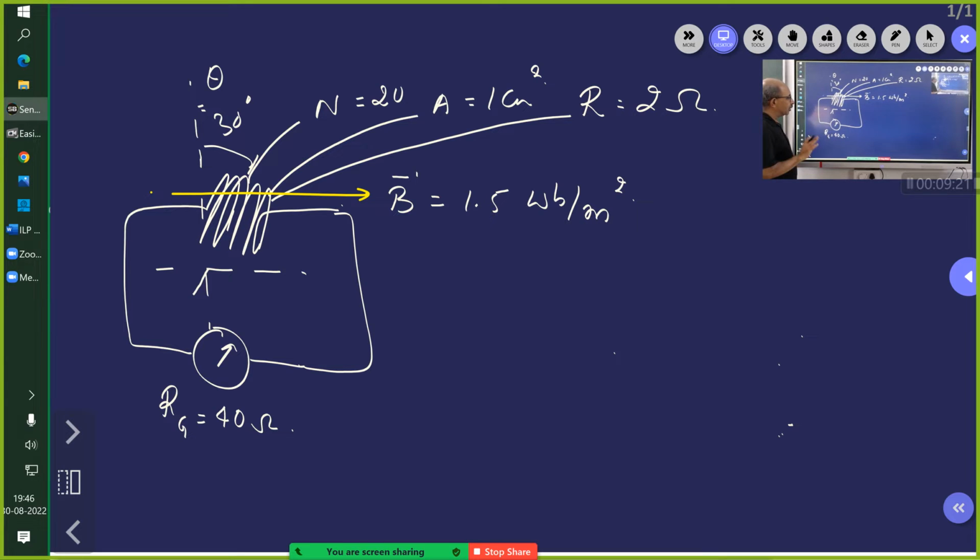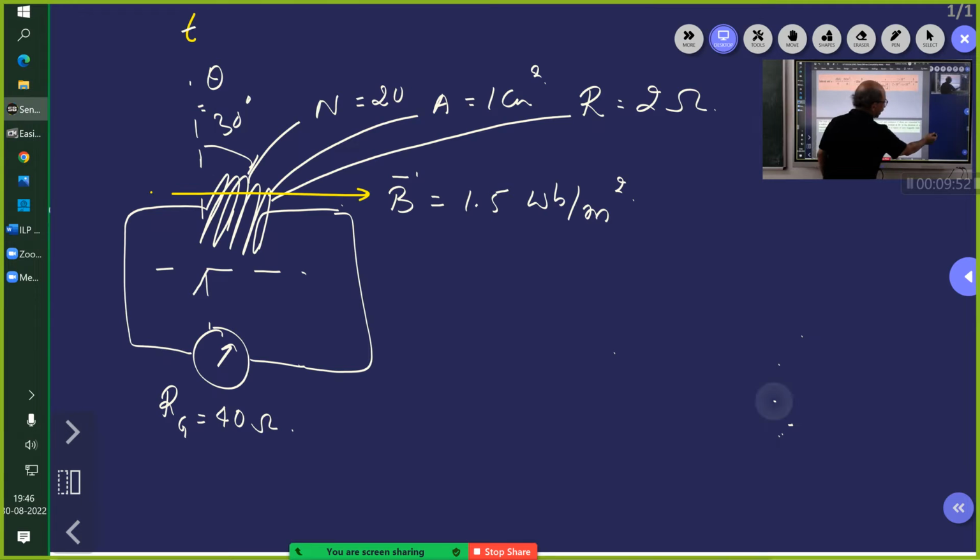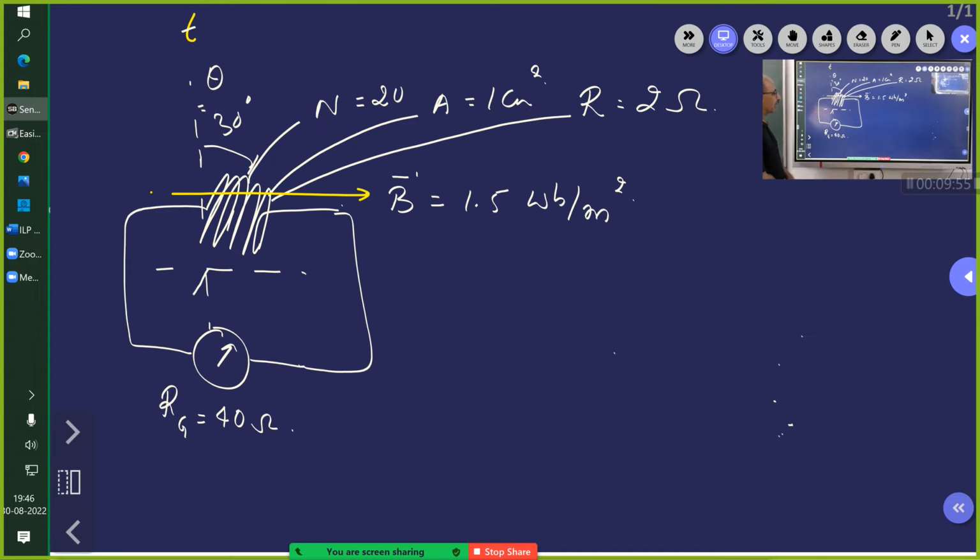This is the arrangement of the coil at some time t, and what they are telling is it is suddenly pulled out of the magnetic field. It is in a region of constant magnetic field 1.5 Weber per meter square. It is quickly pulled out of the field to a region of 0, and calculate the charge passed through the galvanometer. That is the basic question.